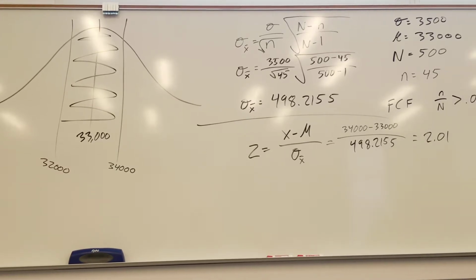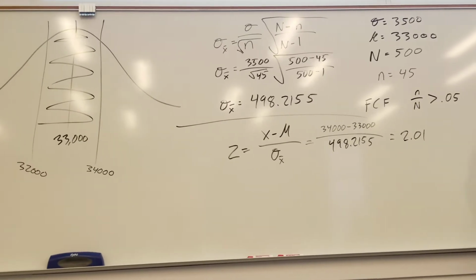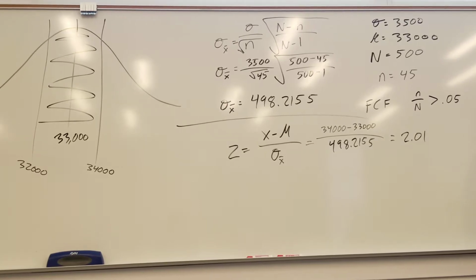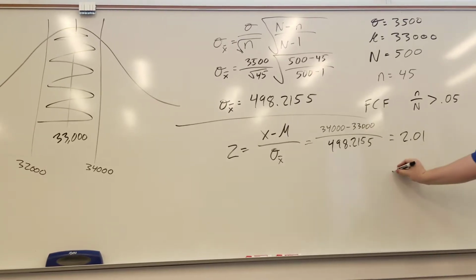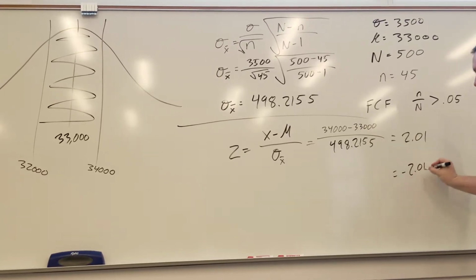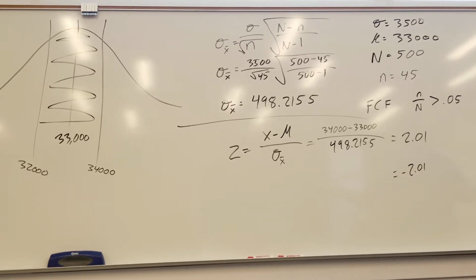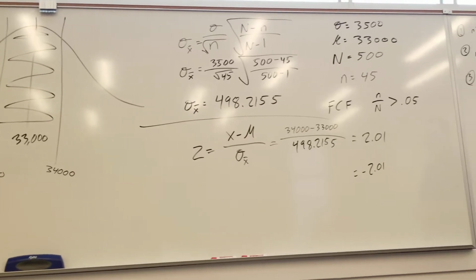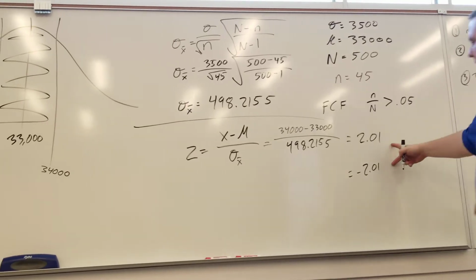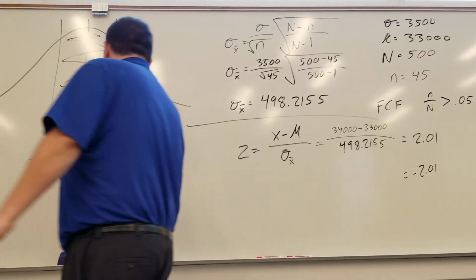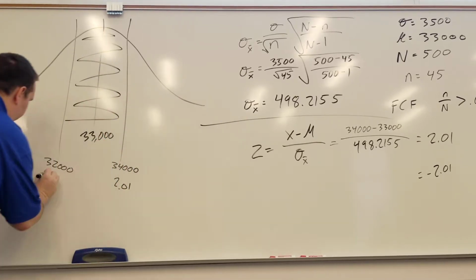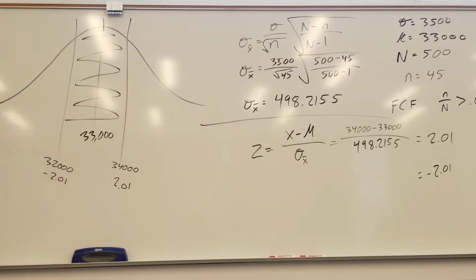So what would the z-score be for 32,000? -2.01, right? Since they're equal distance away from the mean, you only need to find it for one of them. So we know that our z-scores are 2.01 and -2.01.